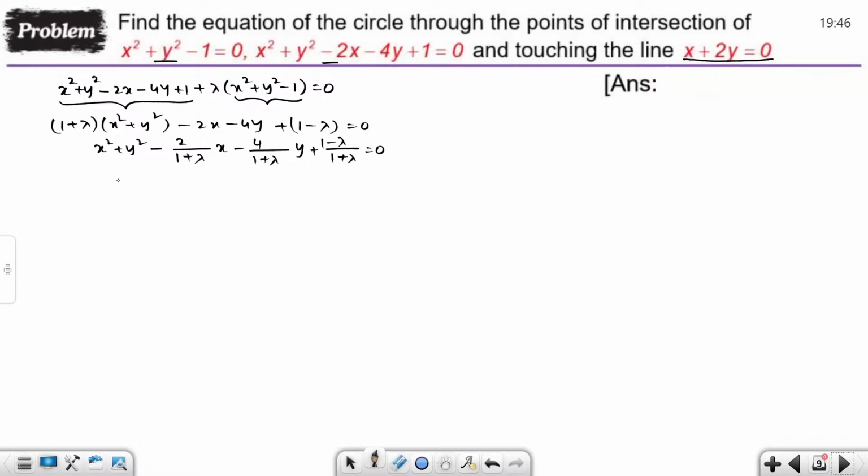Okay, so what is its center? The center of this circle will be this, right, and what will be its radius? Root over whole square minus, am I correct? This is the radius. So let me just simplify this first.